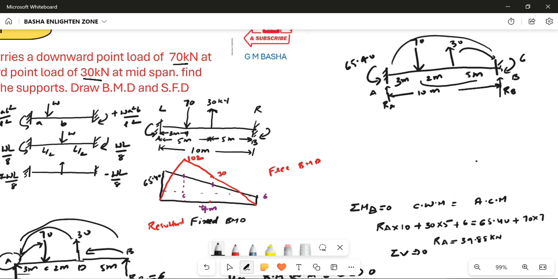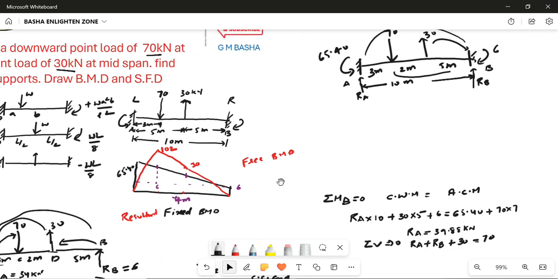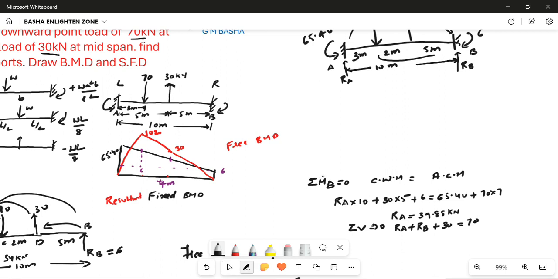And again, if you take the sum of the vertical loads, sigma V will be equal to 0. What are the loads acting upwards? RA plus RB, and another load acting plus 30. Downward load acting is 70. So what is the value? RB will be equal to 70 minus 30, and again sending this RA to that side, minus 39.88.